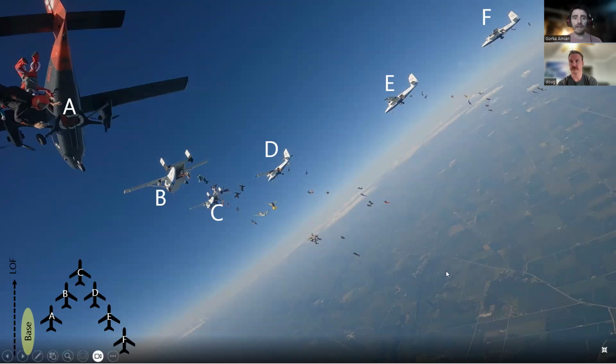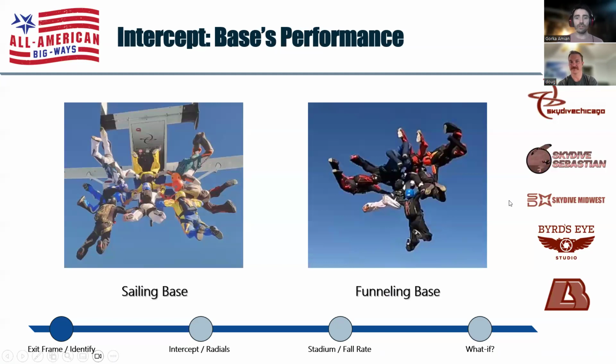The other factor that we wanted to touch upon was the actual performance of the base and the launch of the base itself. We get this question many times, where it's like, well, the base wasn't where I expected it to be. And we could be 4 or 5 jumps into the camp with the same slot, the same base, the same airplane formation.